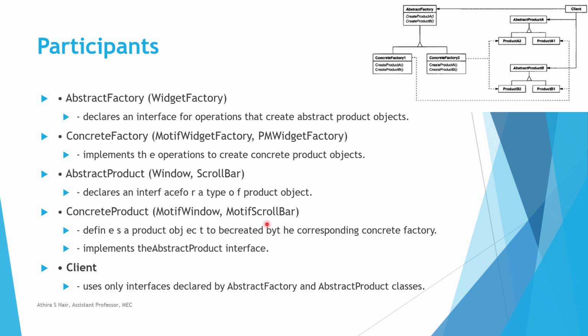A concrete product defines a product object to be created by the corresponding concrete factory. It also implements the abstract product interface. Client uses only interfaces declared by abstract factory and abstract product classes.